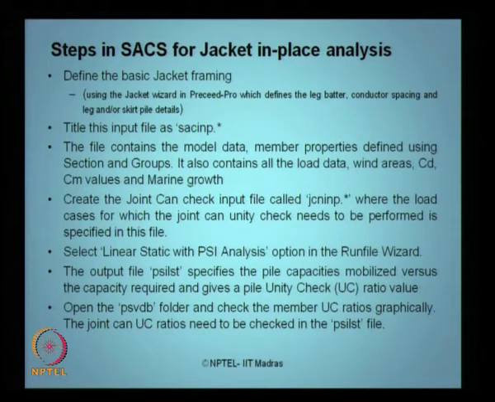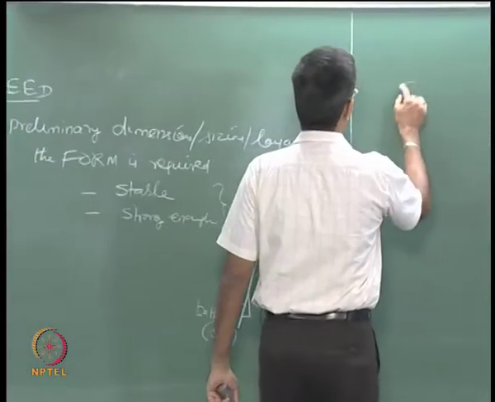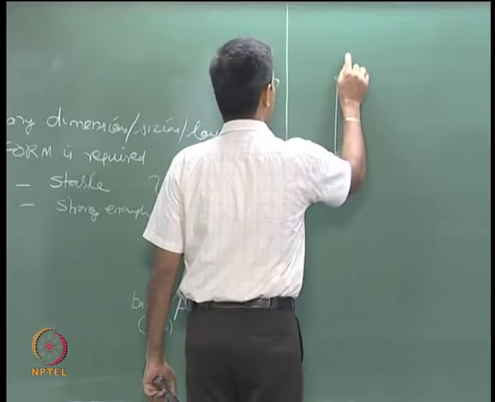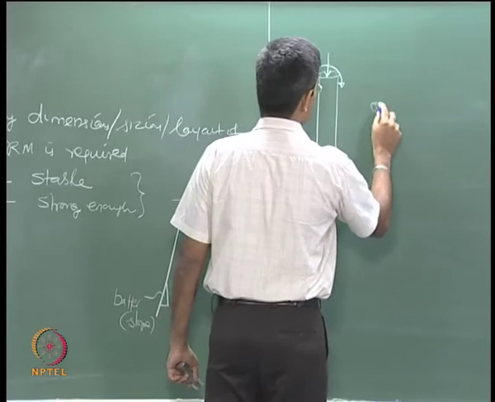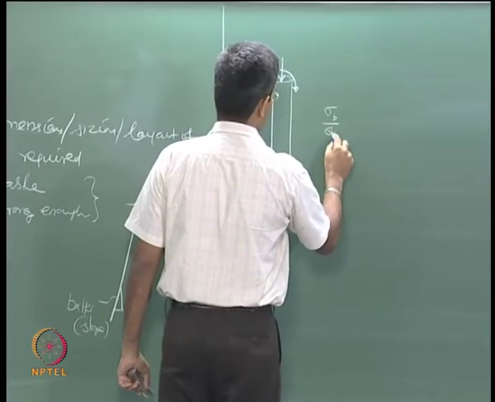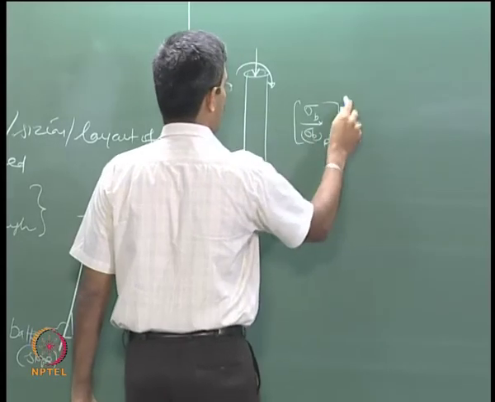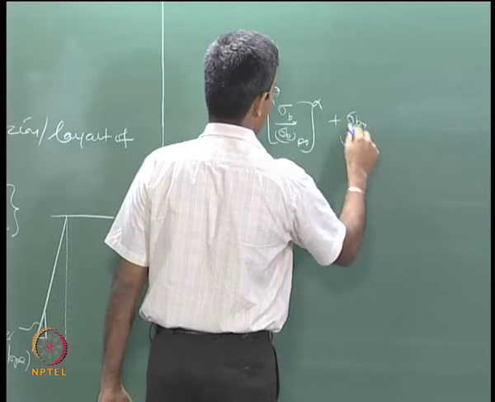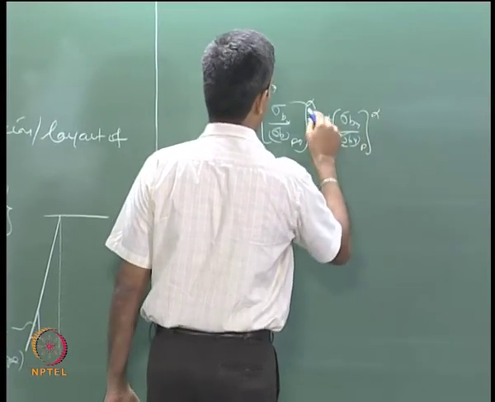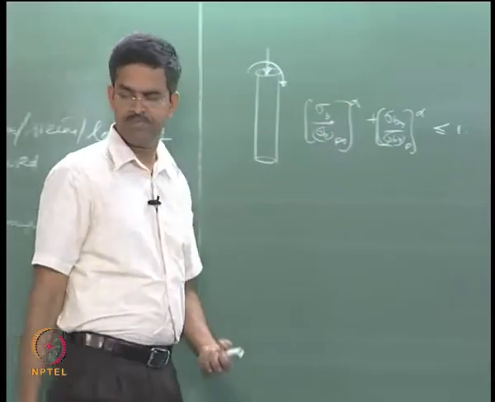Unity check is nothing but the check when you have a combined action of axial force and bending. For example, let us say I have a cylindrical member which is subjected to an axial force and of course a bending as well, then stress by permissible stress in bending in the x axis raised to the power alpha plus stress by permissible stress in bending in the y axis raised to the power alpha should be less than or equal to 1, what we call a unity check.